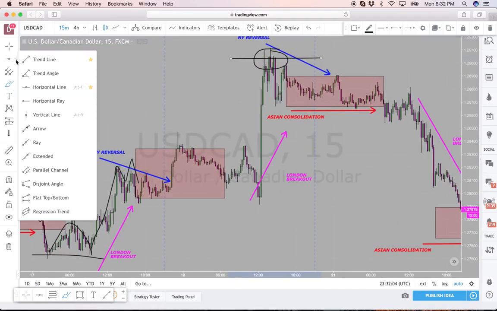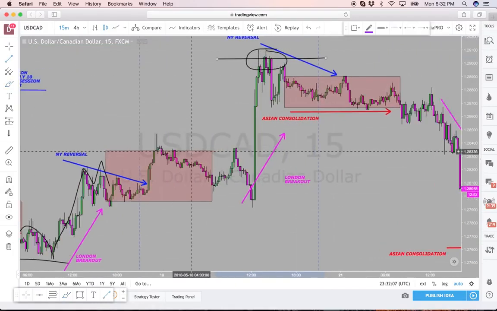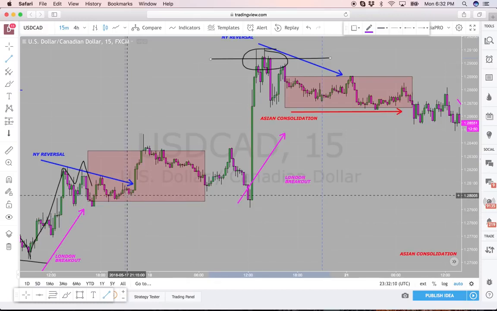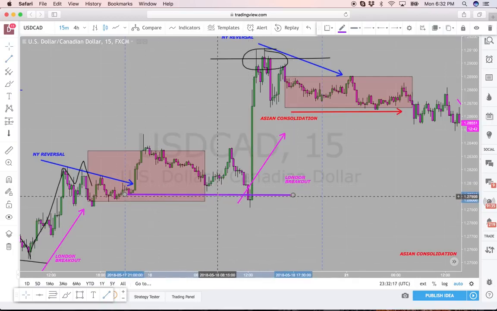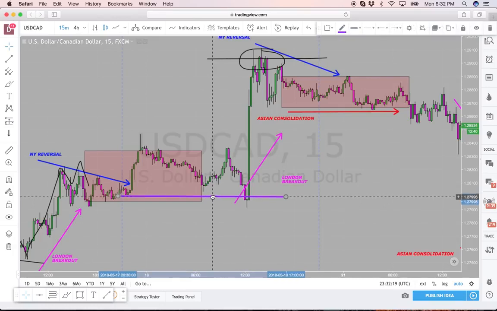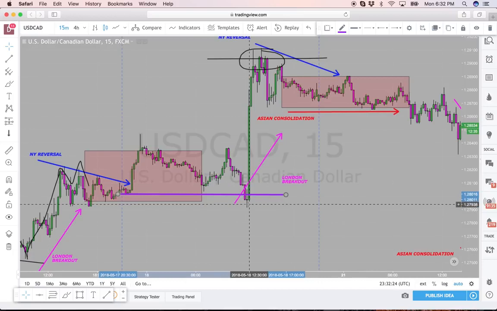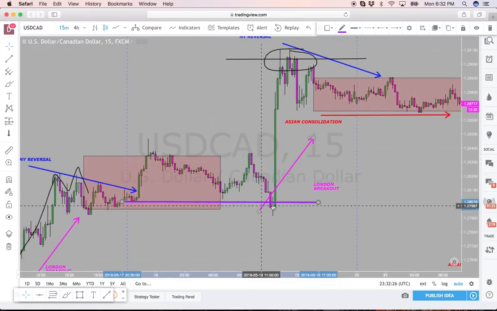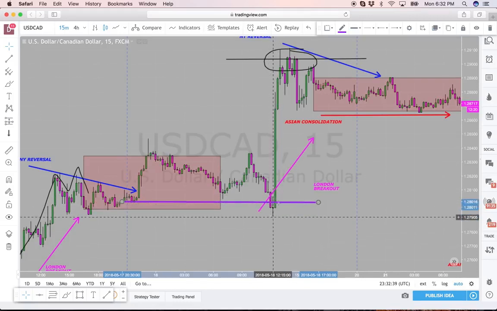One thing to note here is we have the low of the day created come London session. Asian session created the low of the day. And then come London session, the low of the day was broken, and closed below the low of the day. And another candle, the entire body of the candle closed below the low.